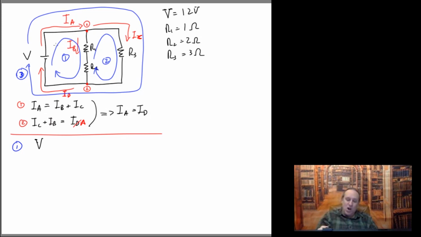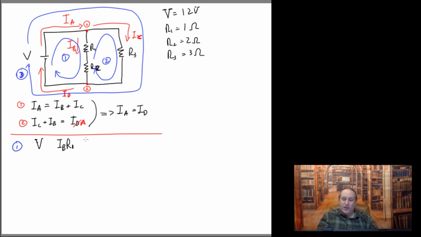And then we walk along and we don't see anything else that changes voltage until we get to this resistor. There's a resistor R1, and the voltage across that resistor would be the current, which is IB, times the resistance R1. Then we keep walking and we get to resistor R2.